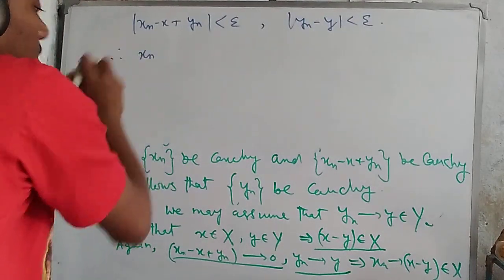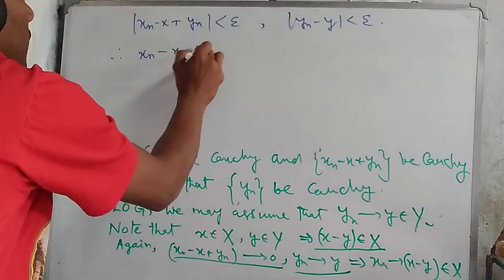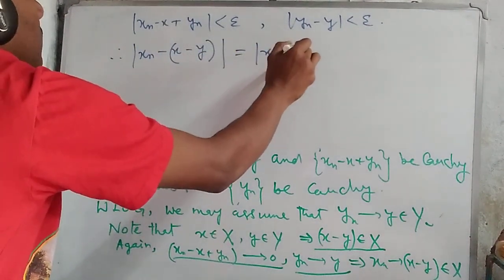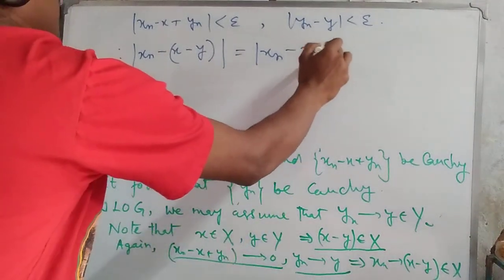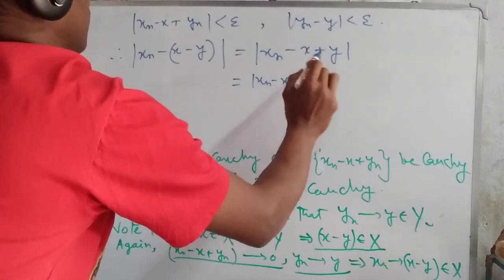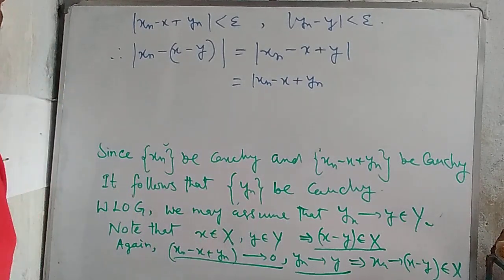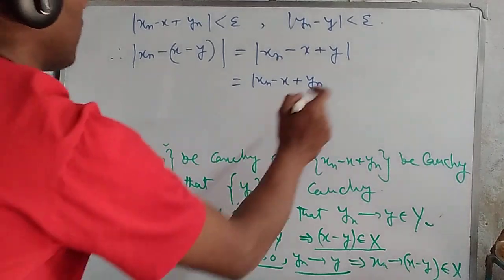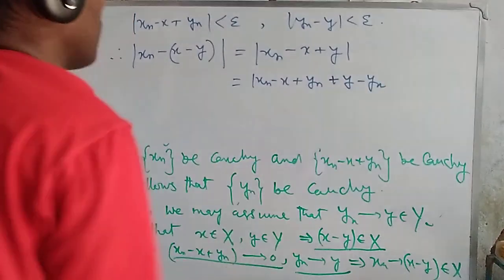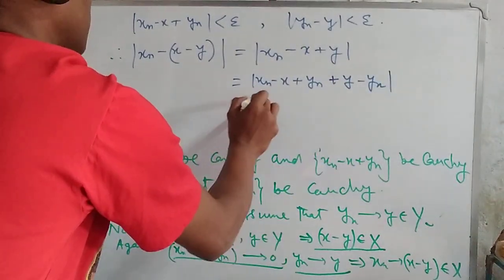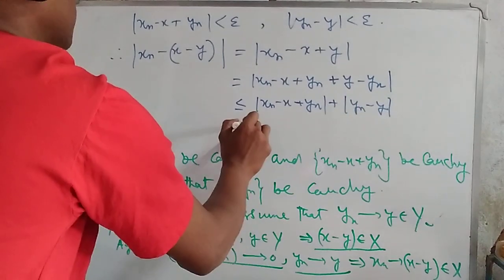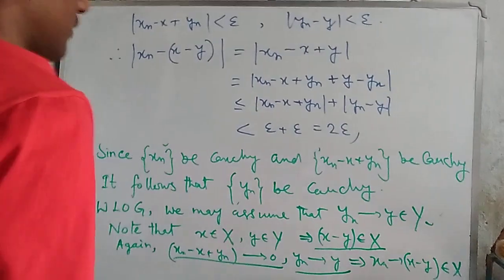So ‖xn − x − y‖ equals ‖(xn − x + yn) + (y − yn)‖. Then this is less than or equal to ‖xn − x + yn‖ plus ‖yn − y‖, which is less than epsilon plus epsilon, equal to 2 epsilon.